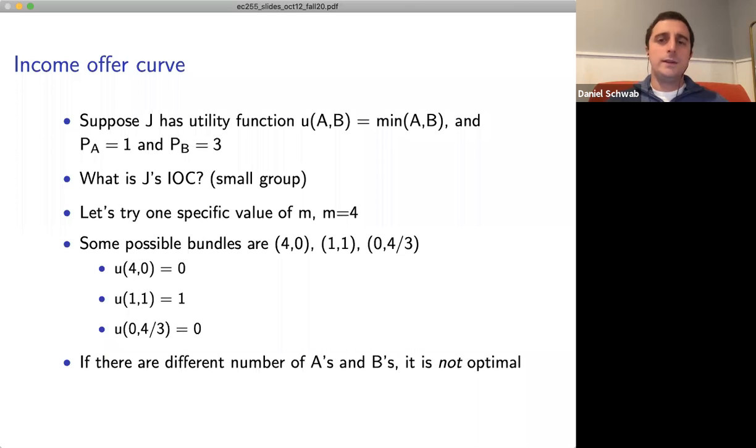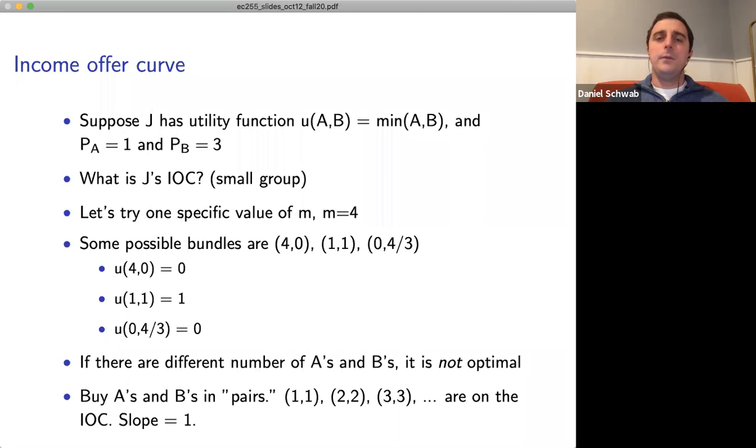It just means you're wasting some money. Say you have more bananas, you should shift a little bit of money from bananas to apples. That's always true as long as you have a different number of apples compared to your bananas.